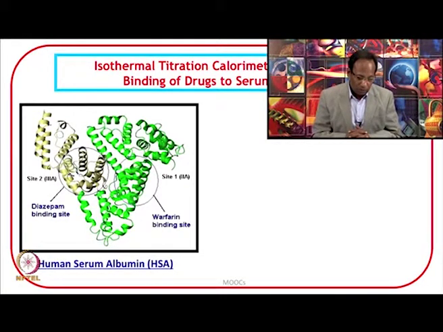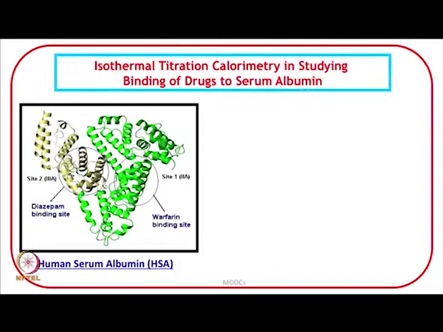Now, these drugs have to be carried to the specific target sites, and therefore it is very important to have an optimum binding affinity of a drug with the protein. Because if we consider a protein to be involved in drug delivery, for example, serum albumin can bind a variety of molecules, a variety of drugs.